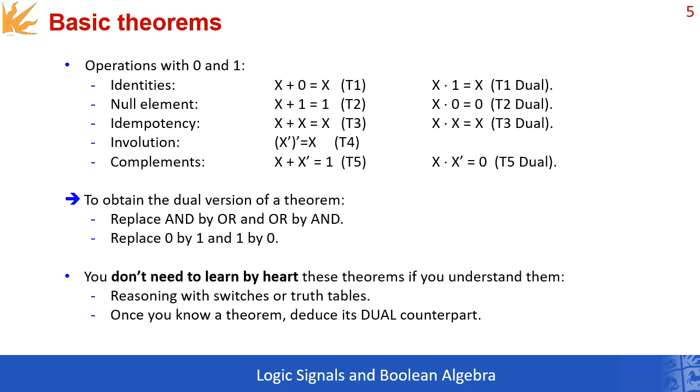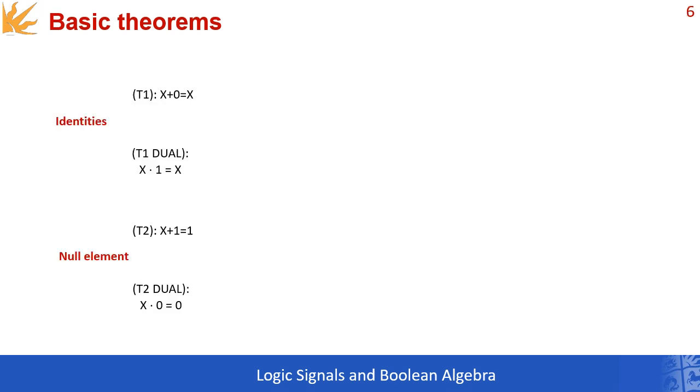You just need to understand the reasoning behind it. And if you can do that by using reasoning with switches or truth tables, this is more than enough. Once you know a theorem, you deduce its dual counterpart, and everything is easy. Let us focus now on how you would depict that with switches.